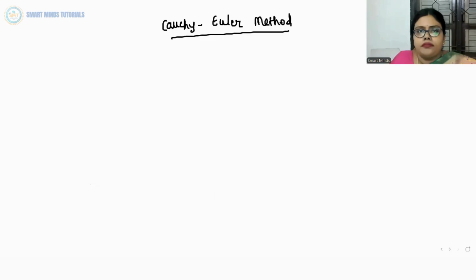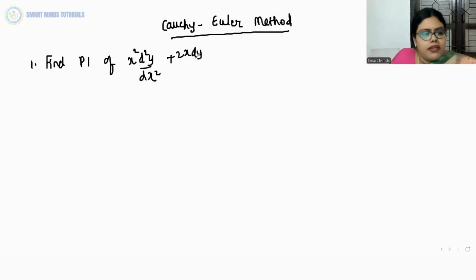Let us cover the Cauchy Euler method now. So take the first question. Find the particular integral of x square d square y by dx square plus 2x dy by dx minus 20y is equal to x plus 1 whole square.